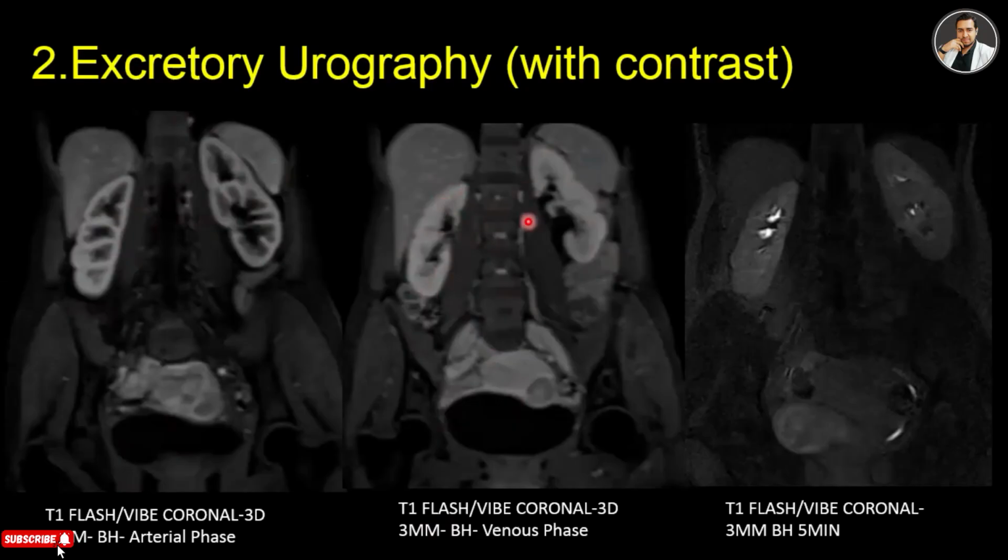And the third image is after 5 minutes post contrast, and you can see that the contrast has cleared from the renal cortex, and contrast is now in the collecting system. Also, you can see the left ureter is filled with contrast, and contrast is going to the urinary bladder.